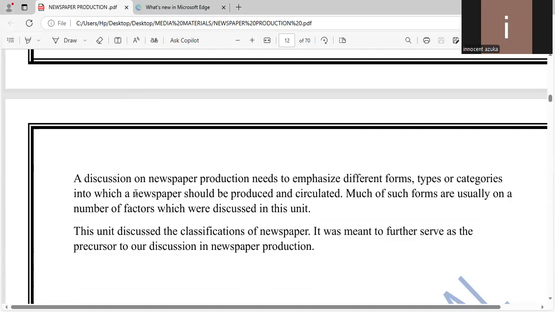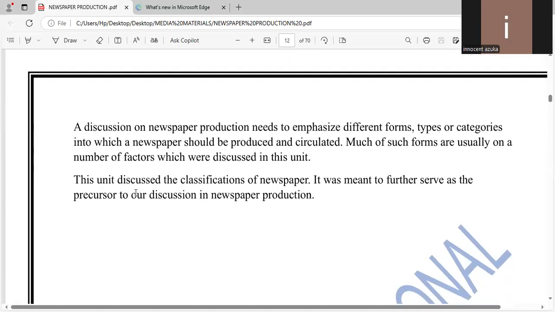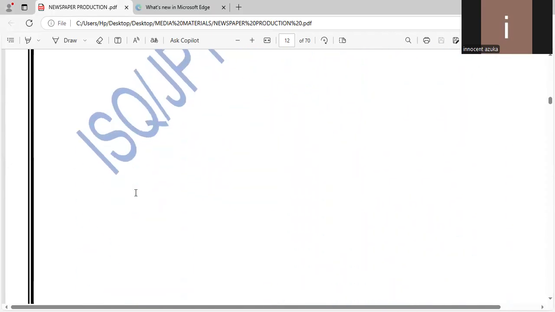Much of these forms are based on a number of factors which we have discussed so far. So you have to understand the different classifications of newspapers which we have done. It was meant to serve as a precursor to our discussion, and so far so good.